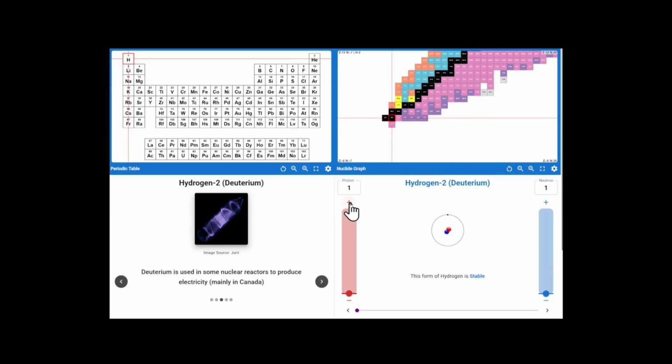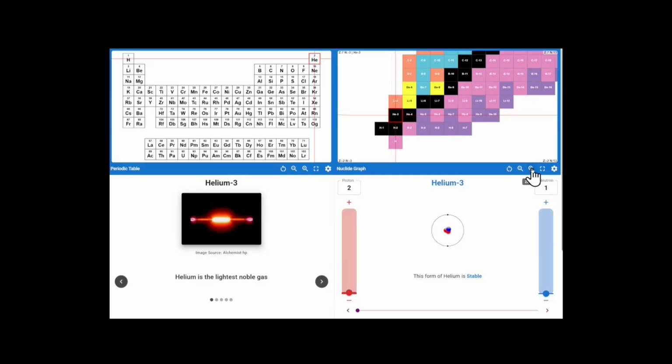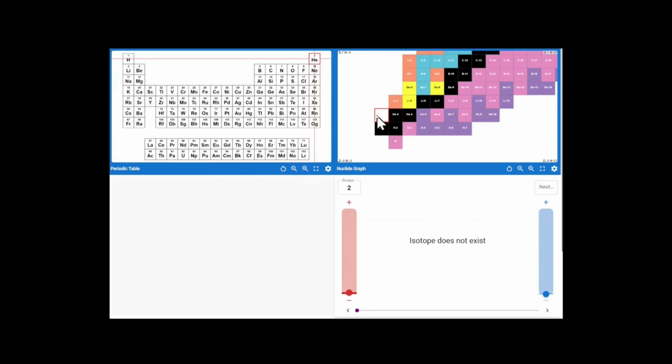If we add another proton, okay, we have helium-3. Helium-3 is stable. Let's zoom in even more. Can we have helium without a neutron? Yes, but it doesn't exist.